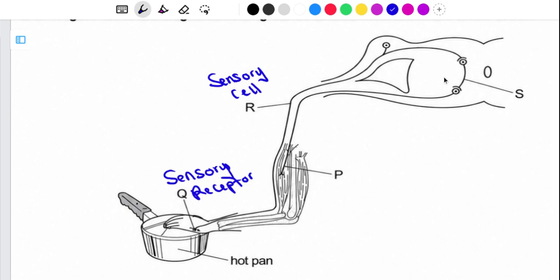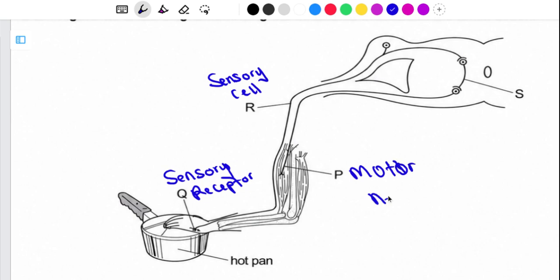In the spinal cord, you're going to find a type of cell which is going to connect the sensory cell as well as the motor cell or the motor neuron. So P is the motor neuron or the motor cell.